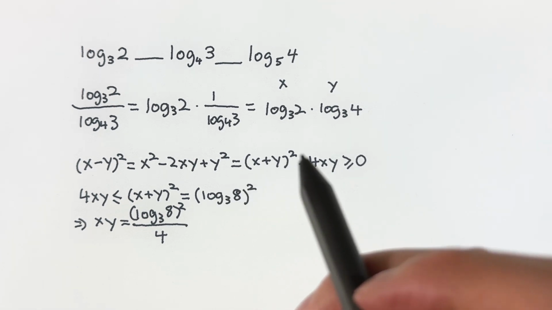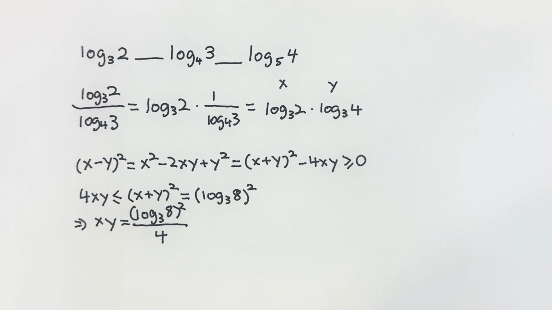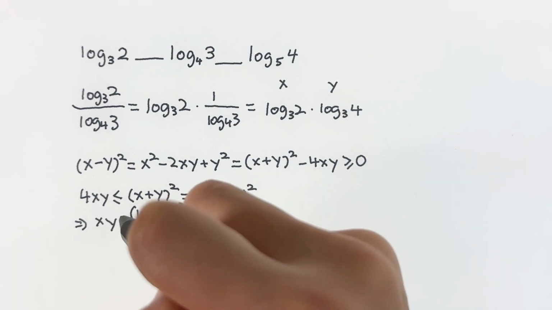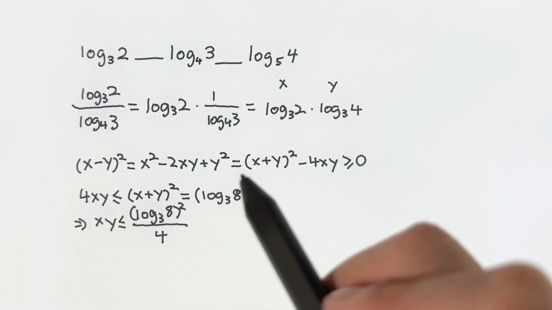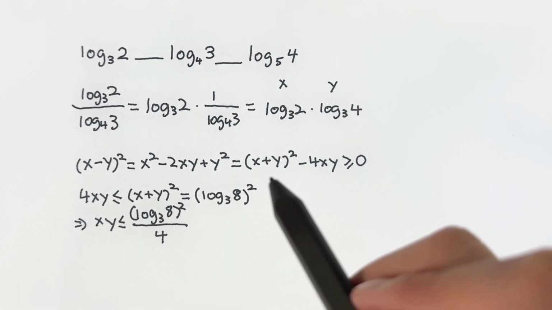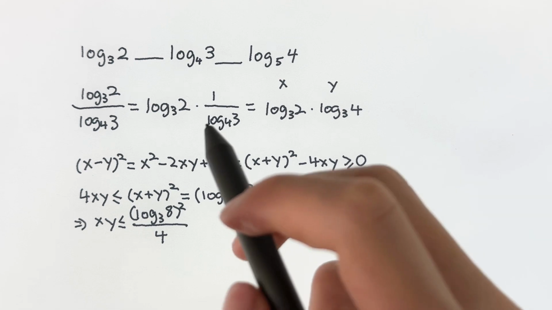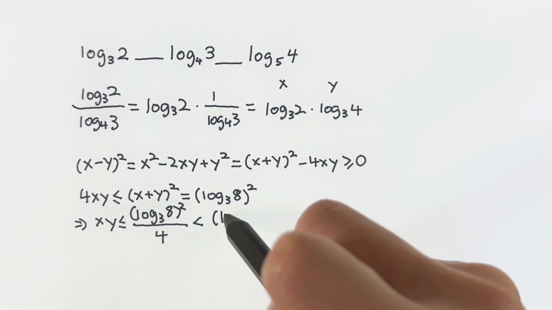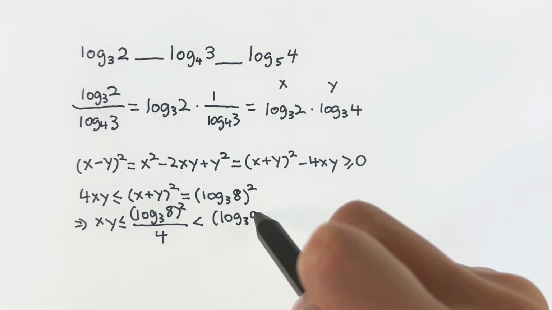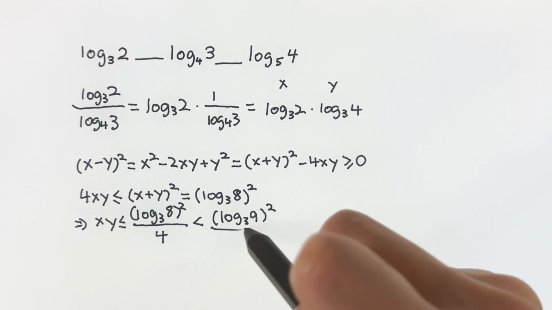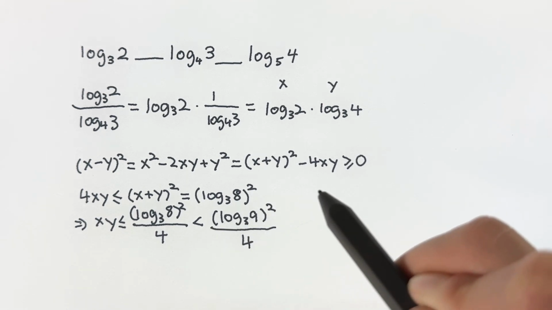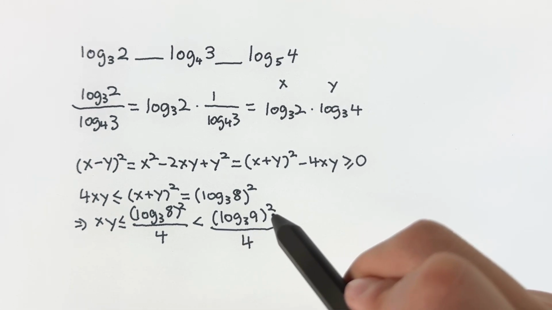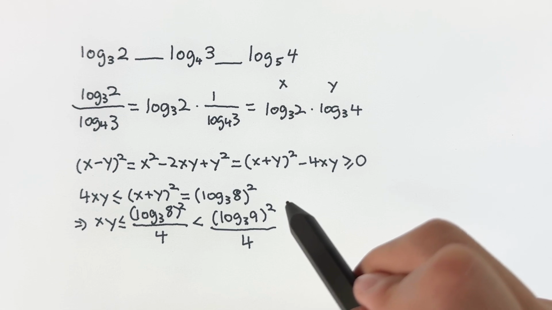And then we know that xy is less than or equal to (log base 3 of 8) squared divided by 4. And we know that this will be less than (log base 3 of 9) squared divided by 4, because by the property of logarithms, if the base is larger than 1, then as the x value increases, the y value also increases.